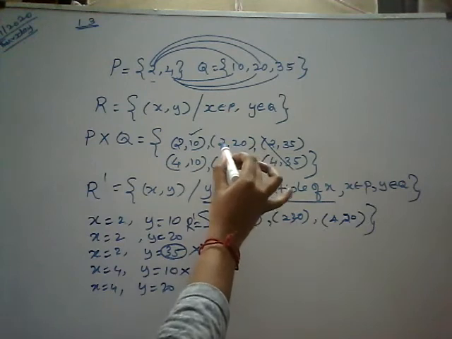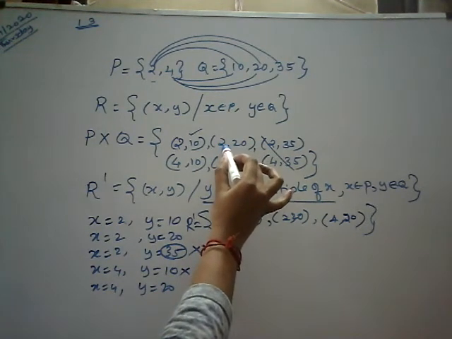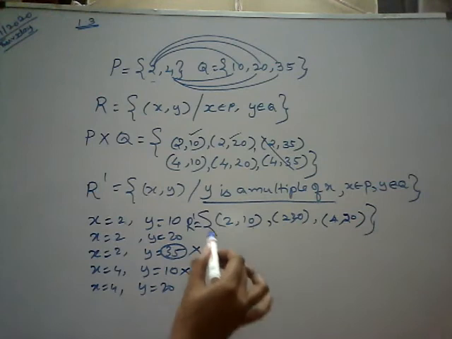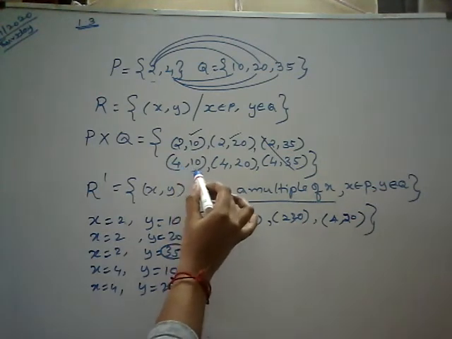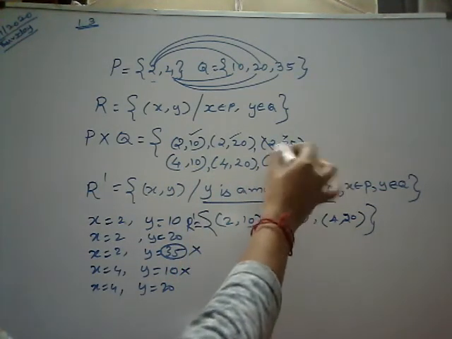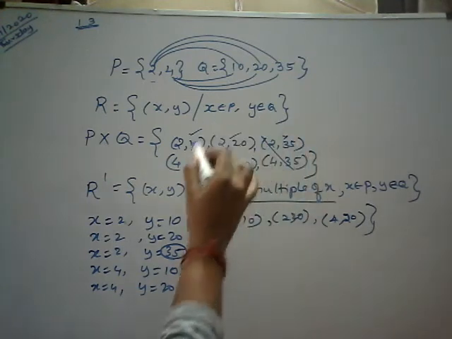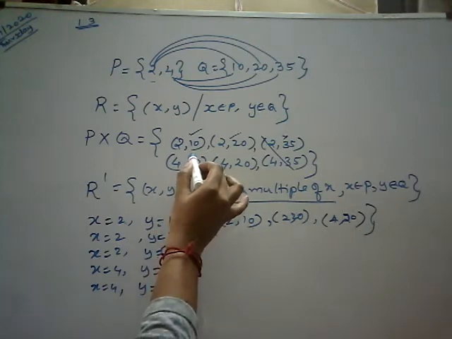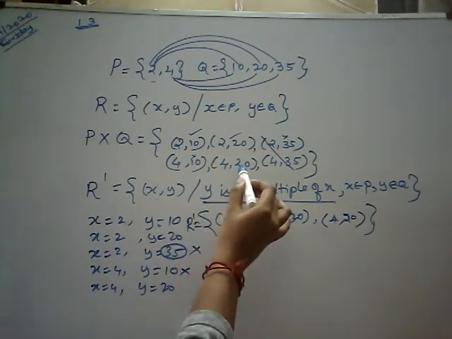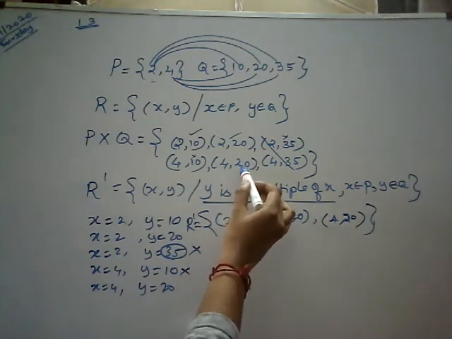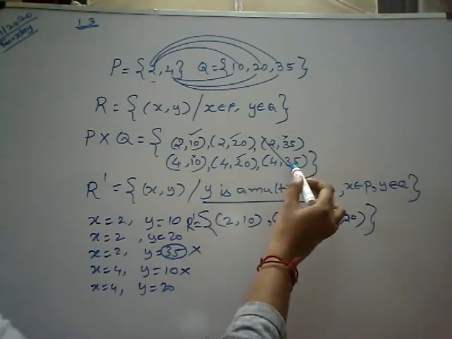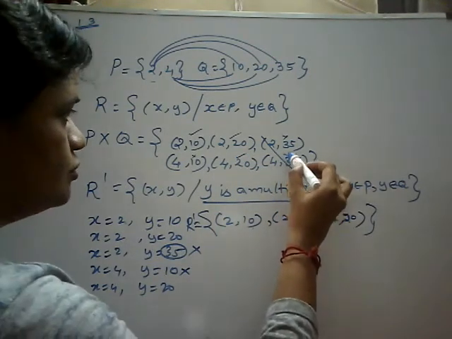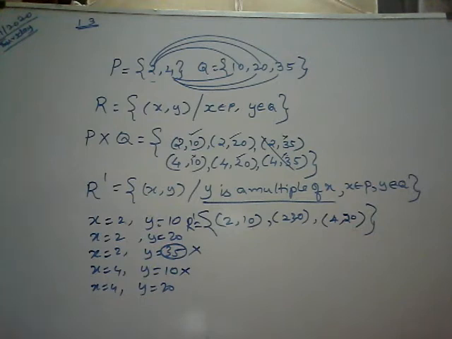And (2, 20): 20 is a multiple of 2, that also you can take. (2, 35) will not come, 35 is not a multiple of 2. Then (4, 10): 10 is not a multiple of 4, so you cannot take it. Then (4, 20) you can take, 20 is a multiple of 4.